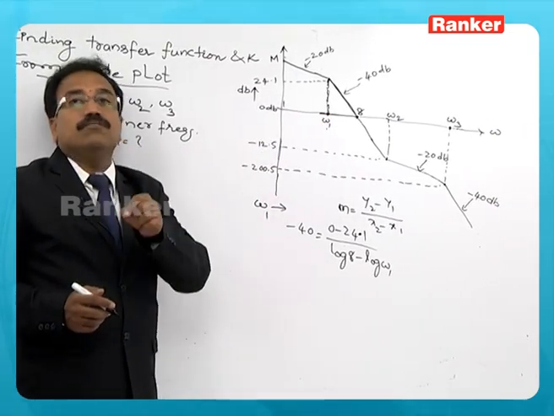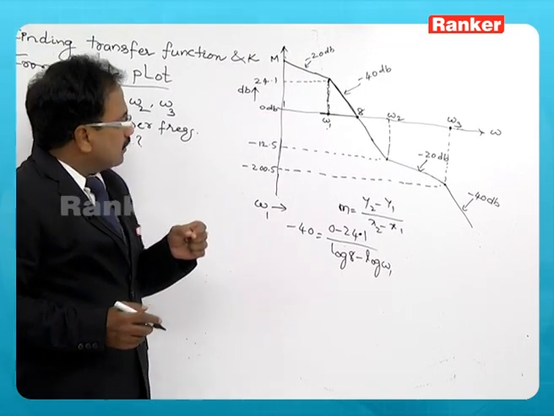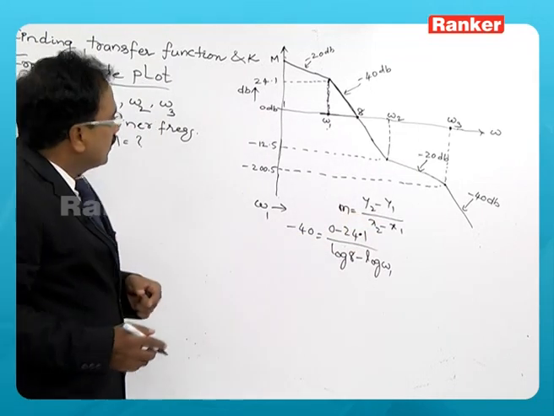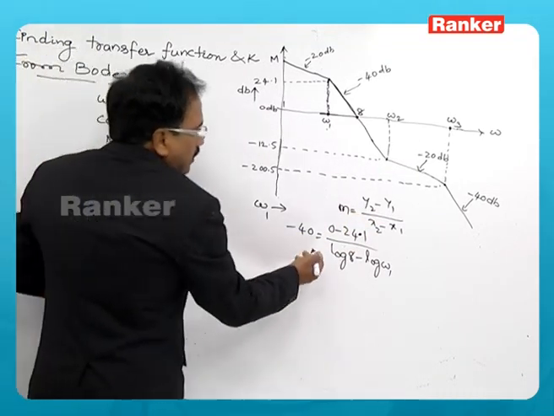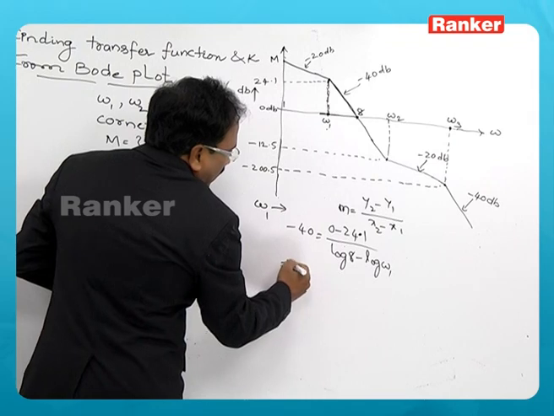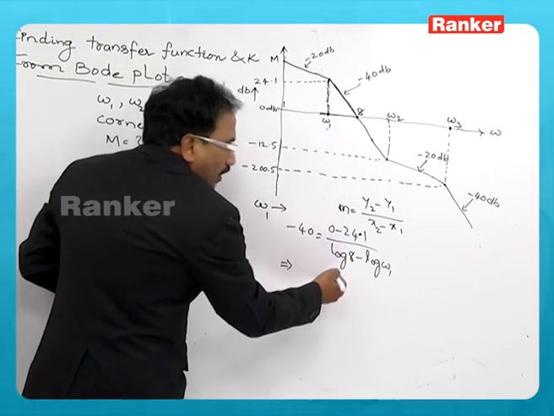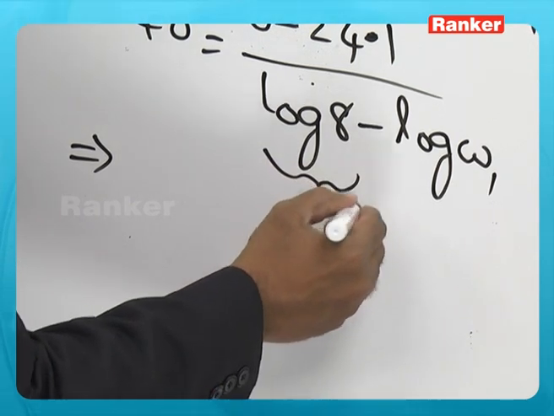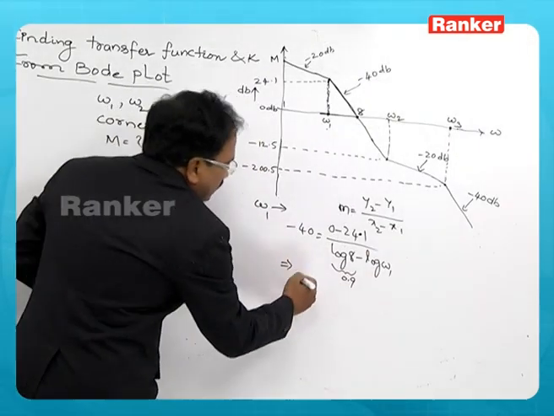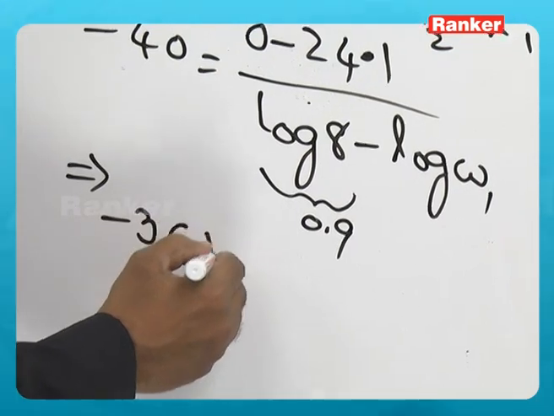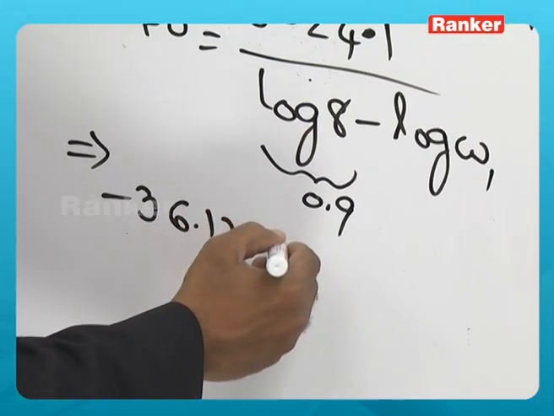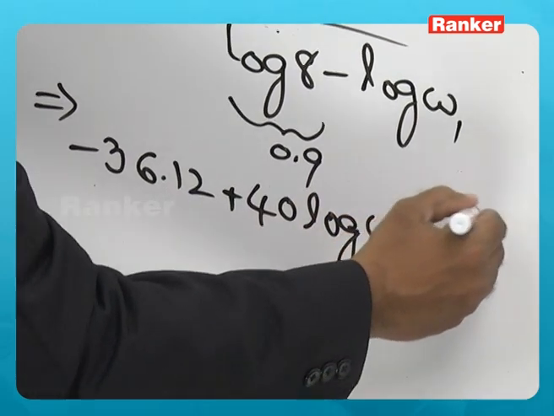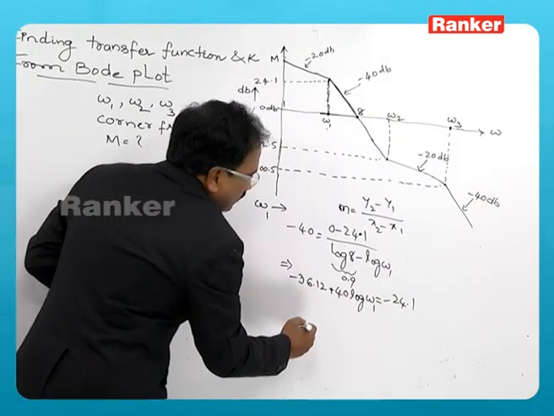Omega 1, which is known as a corner frequency, is determined with the help of this slope expression, and the unknown is omega 1. Log 8 is 0.9. So it becomes minus 36.12 plus 40 log omega 1 is equal to minus 24.1.